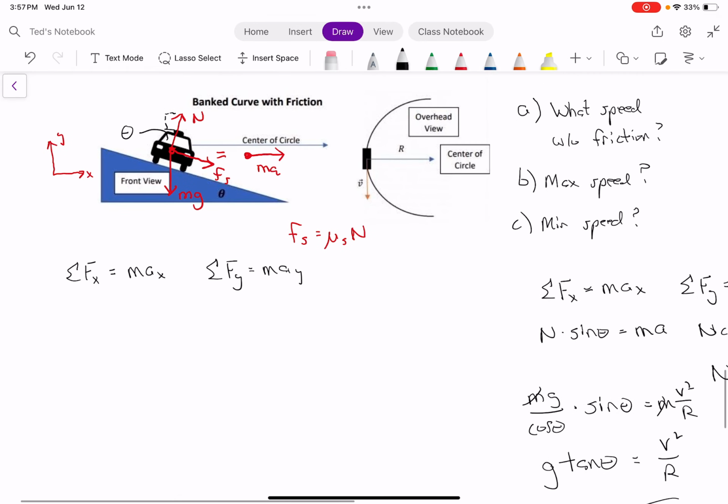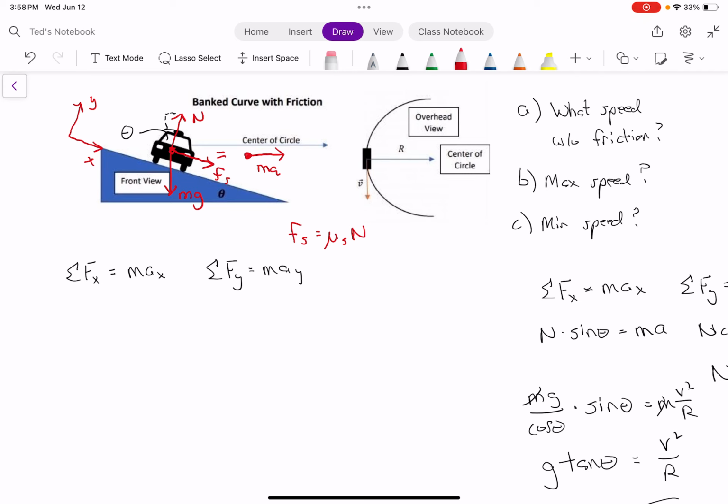So when we do that, tell you what, we could do it this way, and it would be fine. But I am going to switch my coordinate system so that the x direction points down the hill and the y direction points perpendicular to the hill.